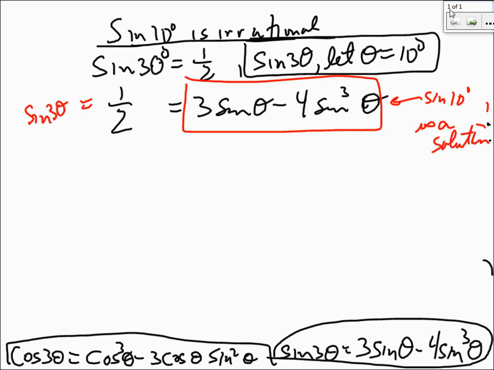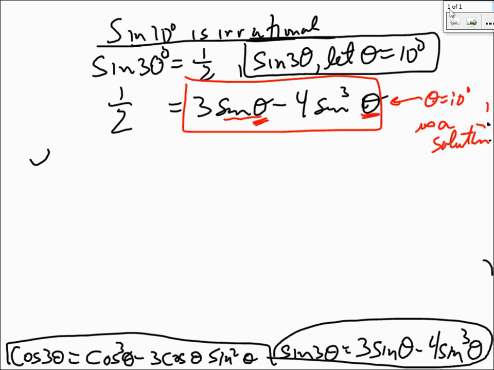Now, if I let theta be 10 degrees, then theta equals 10 degrees is a solution, because if I plug 10 in here, and here, and here, the equality holds. It's just that the sine of 30 degrees is a half.